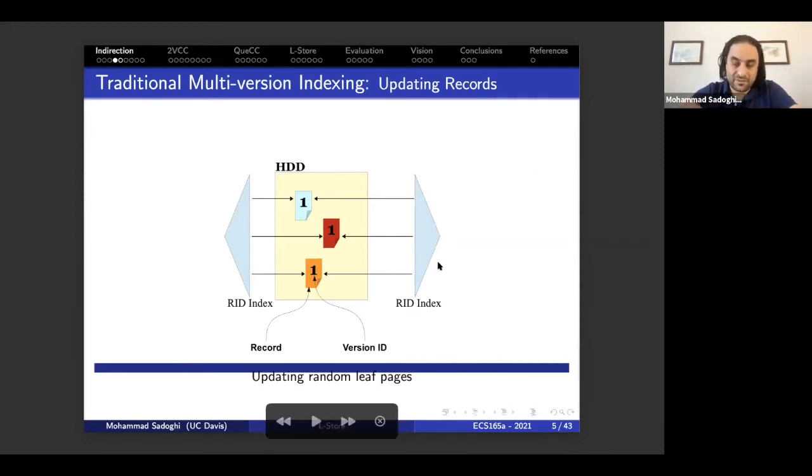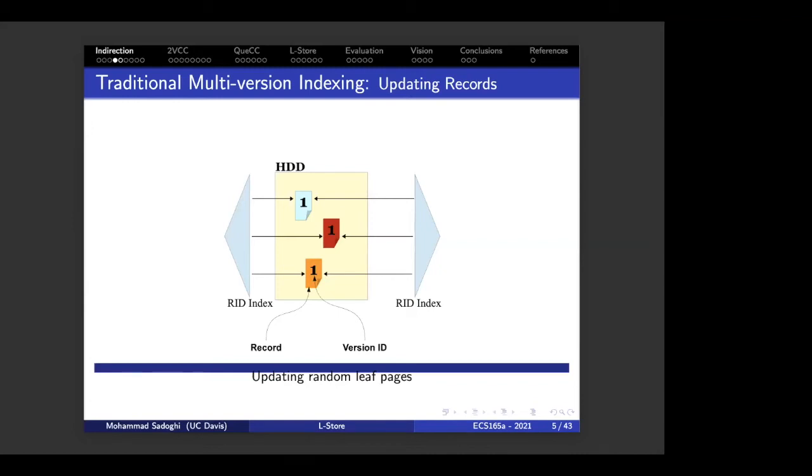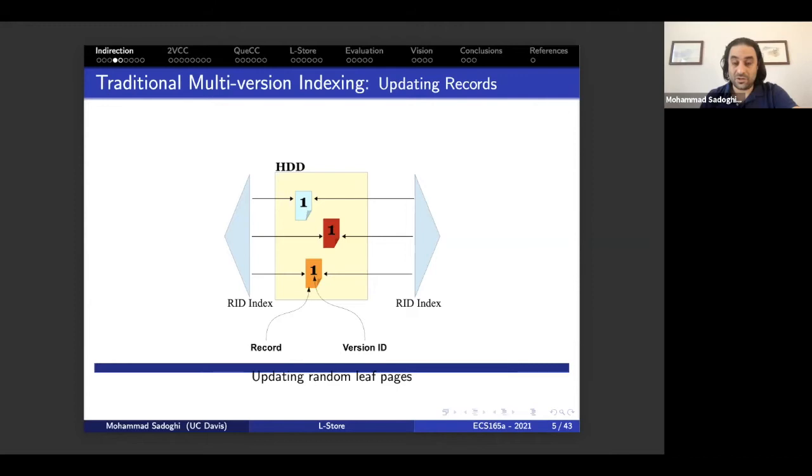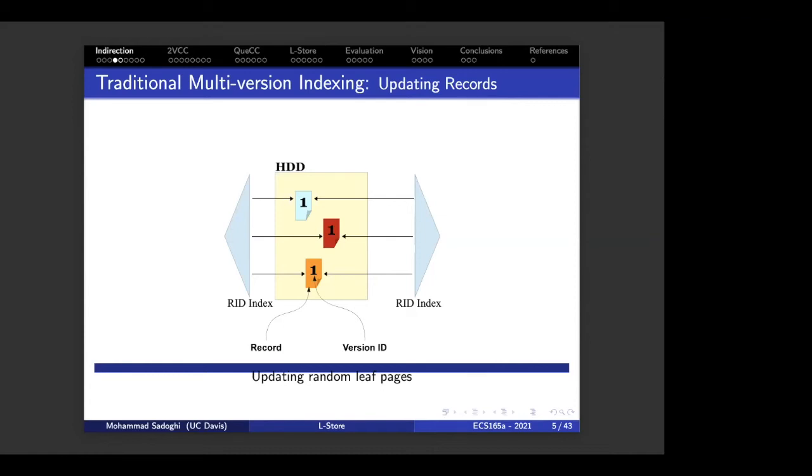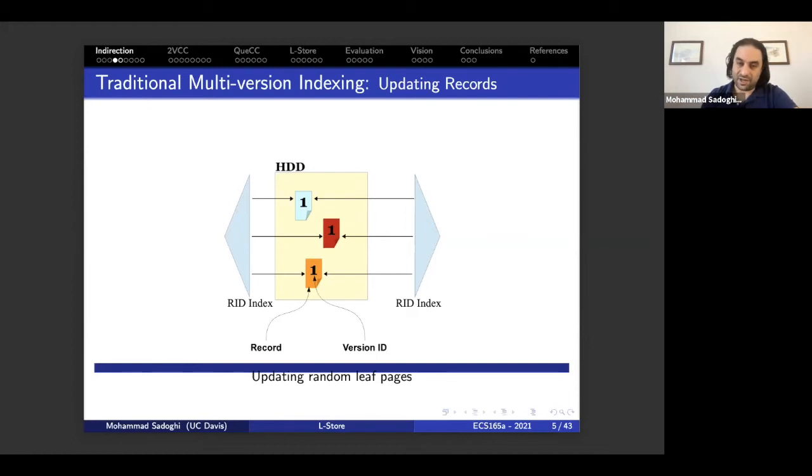But from the perspective of the indexes, you have a key and a set of reads, or a single read if it's a primary key index. So if it's a primary key index, then for every key there's only one read. But if it's a secondary index, as we talked about, then for a single key you have a list of reads.